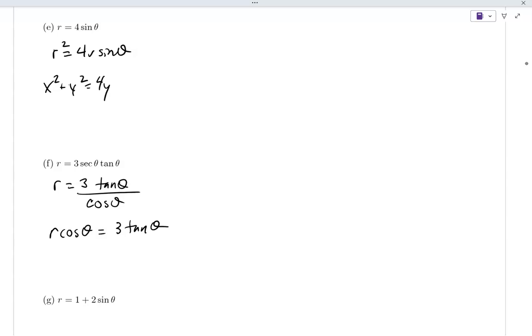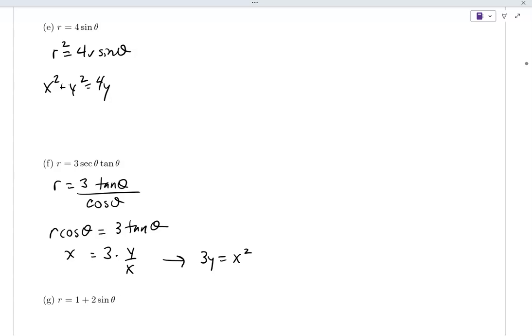And now we have this, hopefully, in a form where we can see how to rewrite some things. What can you replace r cosine theta with? X. And what can we replace tangent of theta with? Y over x, good. And then if I rearrange, multiply both sides by x, we get 3y equals x squared.